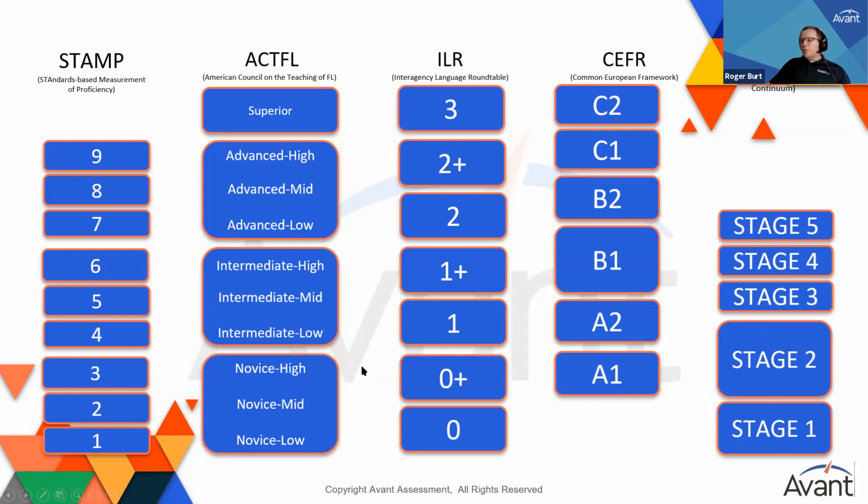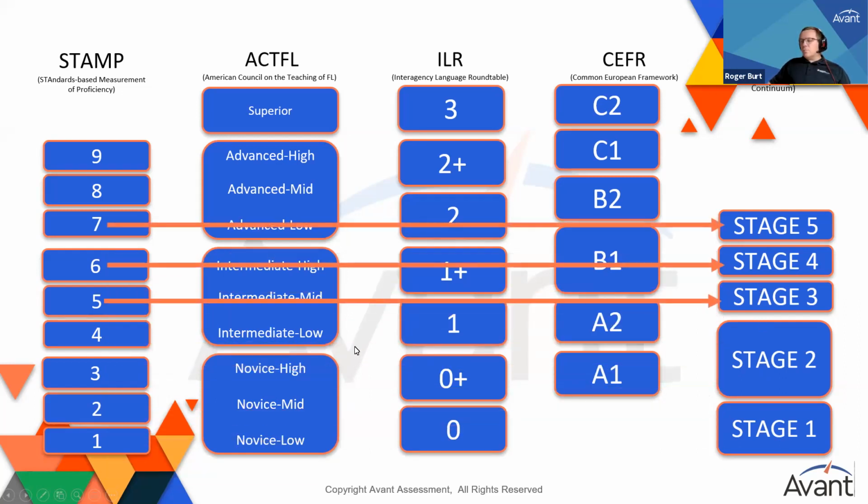So Bonnie's theory was that if a student got a composite score of 5 or higher on the STAMP test, which is intermediate mid, then that student would pass the AP test with a 3. If a student got a composite score of 6 or higher, which is intermediate high, they would be more likely to score a 4. And if they had a composite score of 7, which is advanced low, then they would be more likely to score a 5 on the AP test.